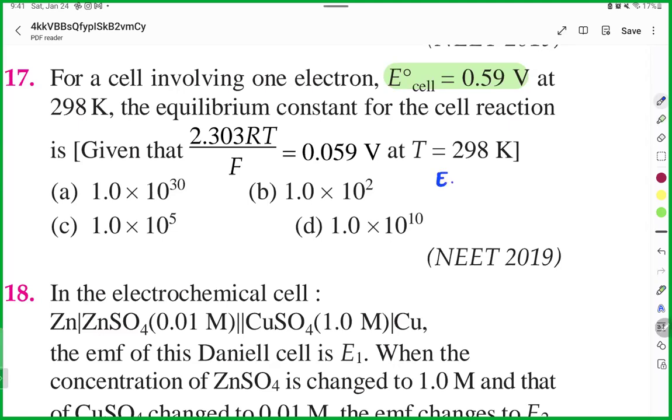Remember, EMF of the cell will be 0. If this is 0, then your E naught value is equal to minus nF natural log K, right? Is this correct? Is this correct, Jordan? Yes, sir.